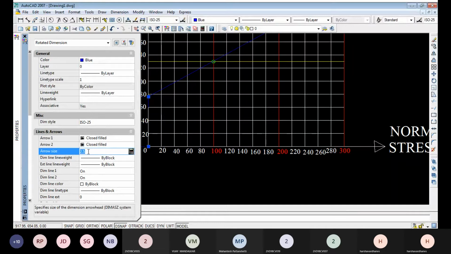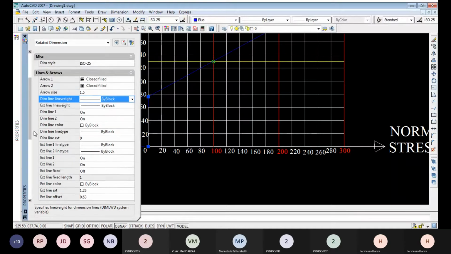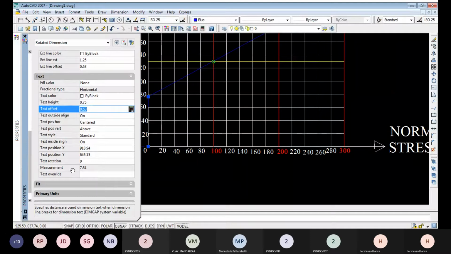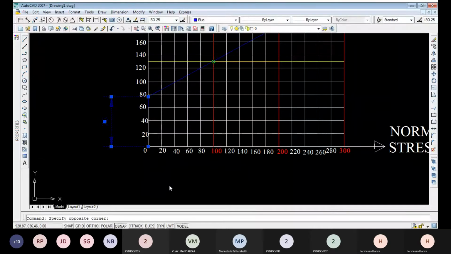And I'm getting a value of 76. So this is my c-intercept.